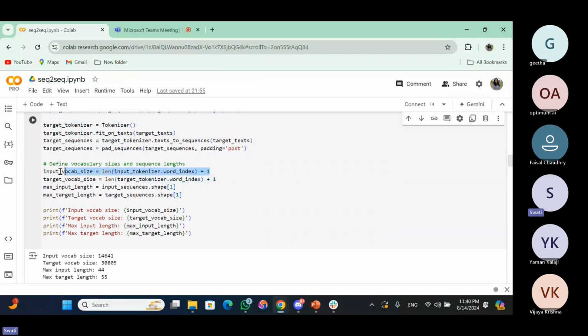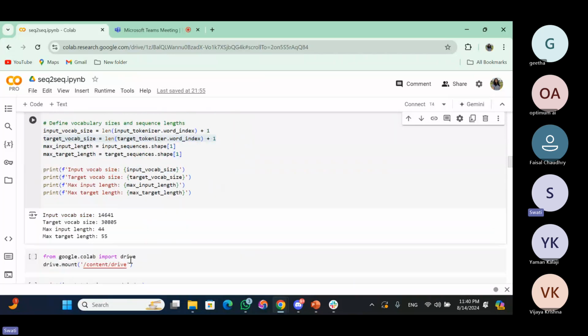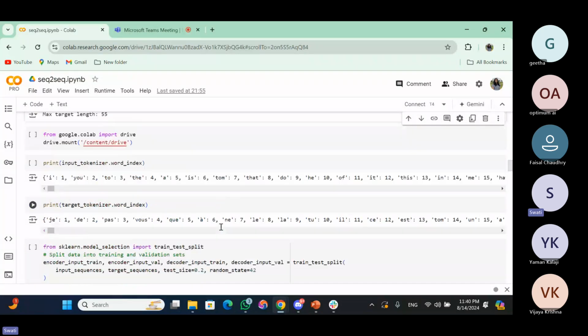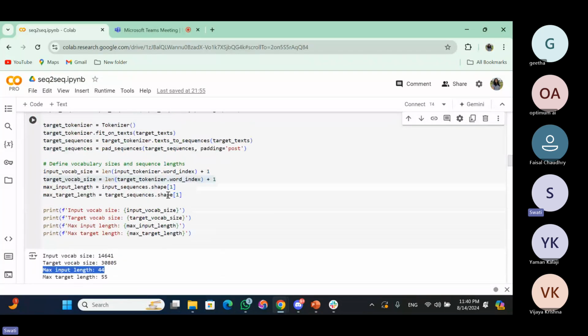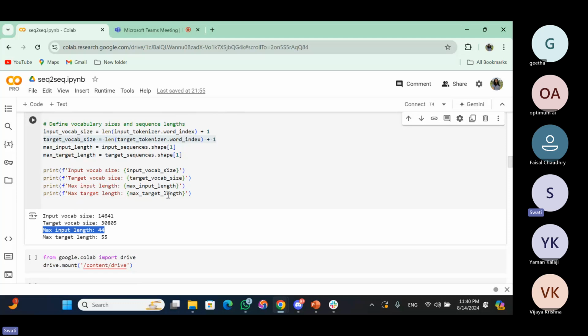So our input vocab size is this much, and the target vocab size is this much. And this is the maximum input length, meaning how many words there are in one of these, and likewise the maximum target length.